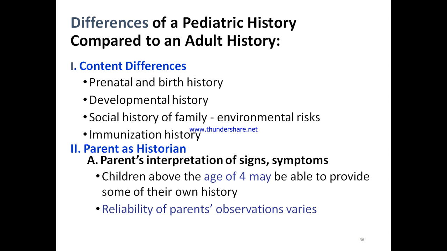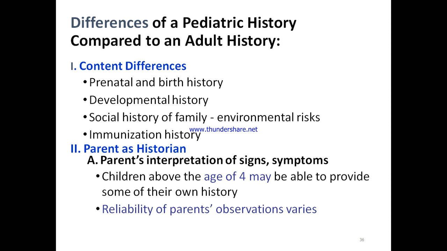In pediatric history, mainly we are focusing on content. The content difference of pediatric history, for example, is that a detailed history can be gathered from the perinatal and birth history, which is one of the most crucial parts of pediatric history.